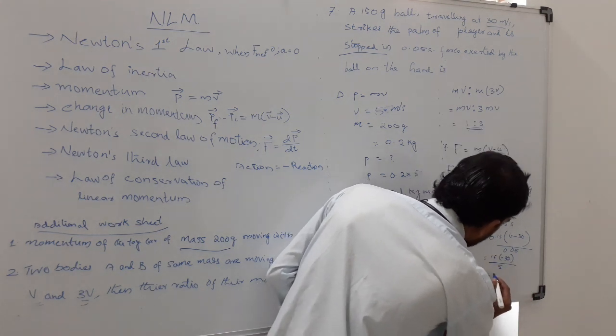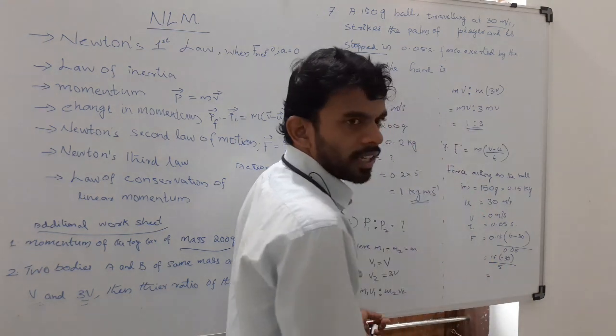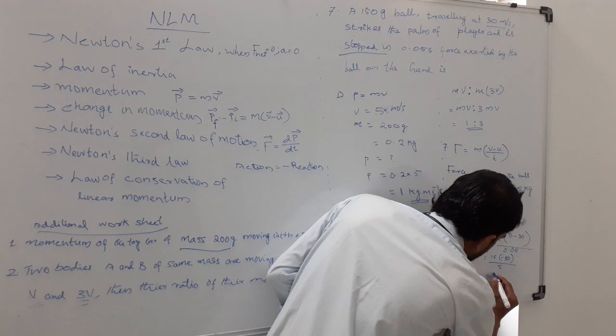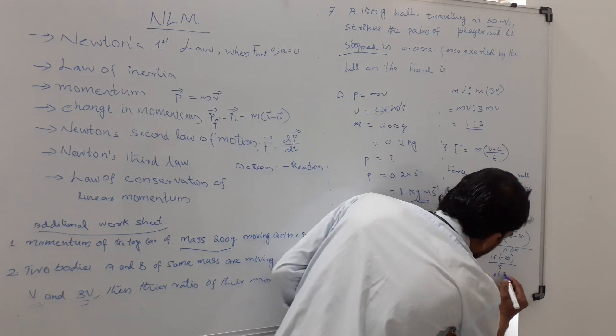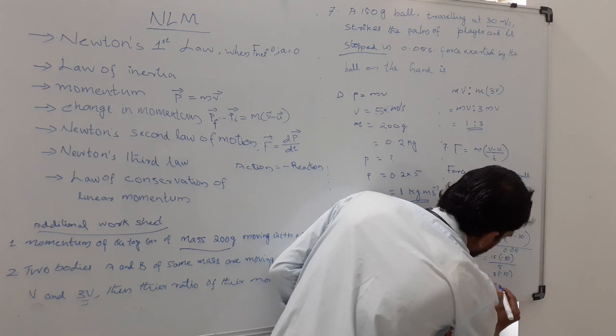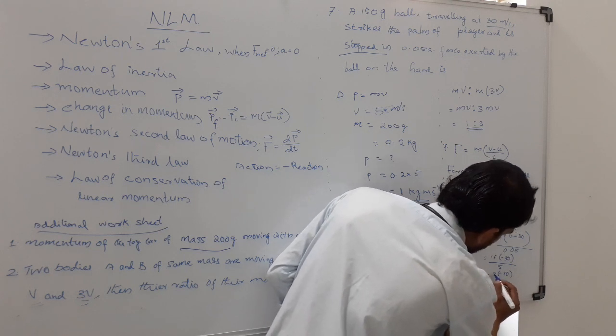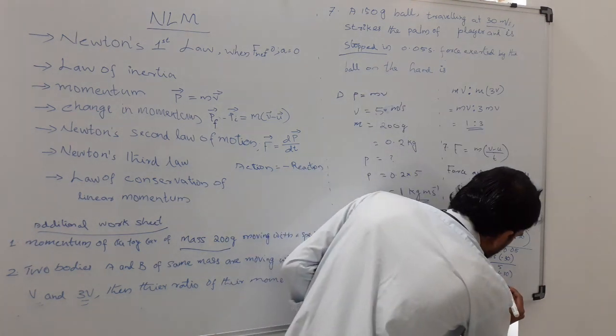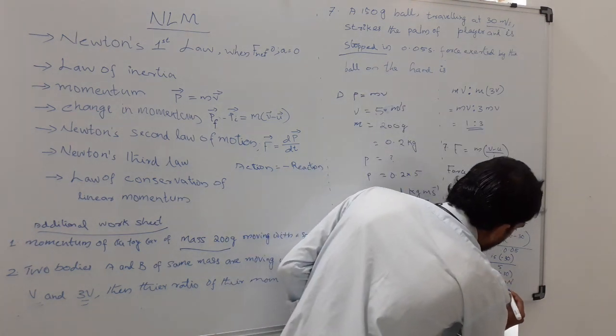So 15 divided by 5 is nothing but 3. 3 into minus 30, so 3 into 3 is 9. So 90 Newton. So minus 90 Newton.